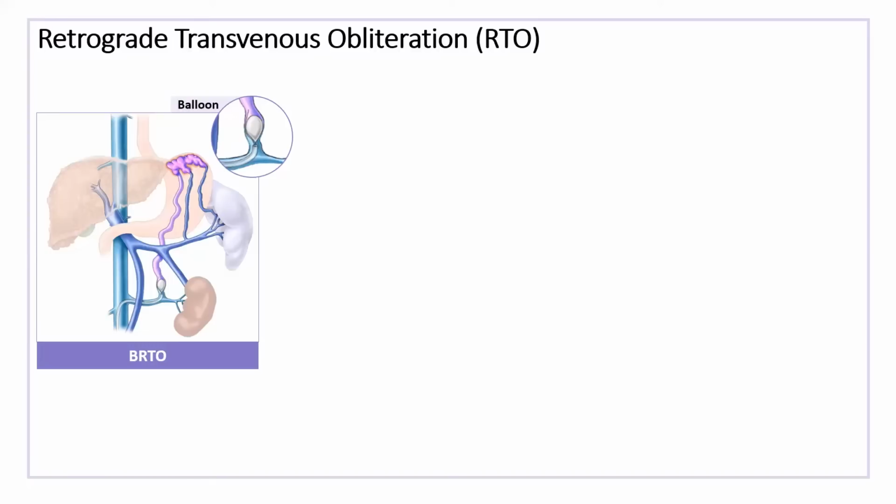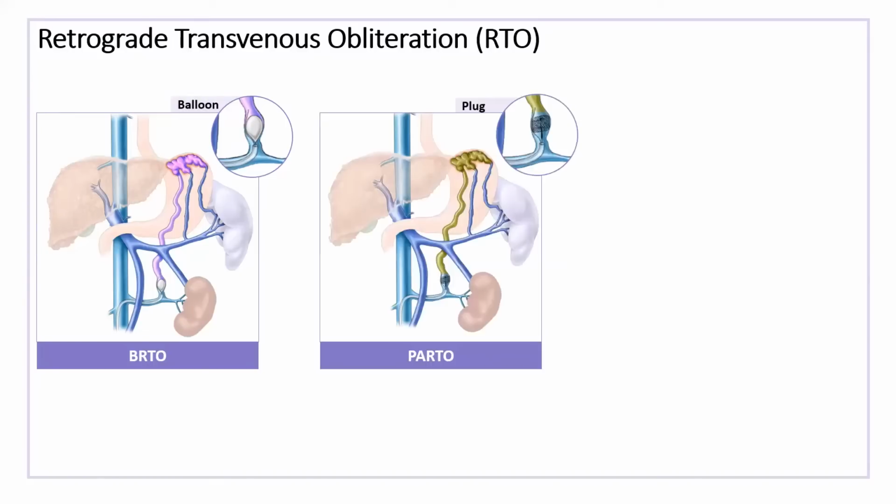However, this is very complex and has certain risks, right, as discussed. So this is a modification of the procedure. This is called PARTO. If you ever read that, it's plug-assisted retrograde transvenous obliteration. Now, instead of a balloon, there is this Amplatzer plug, which is used in this system.